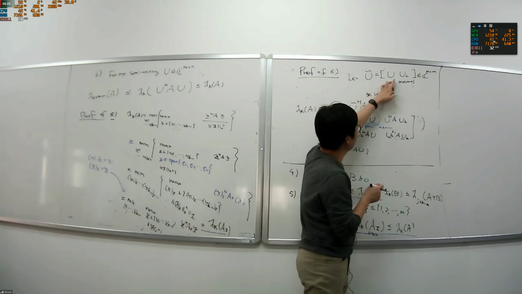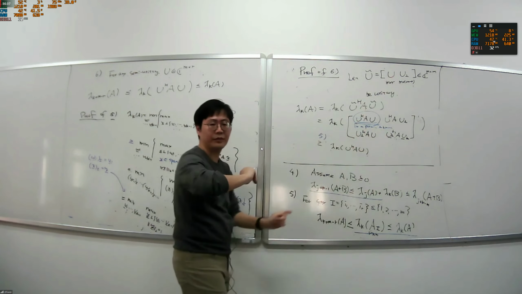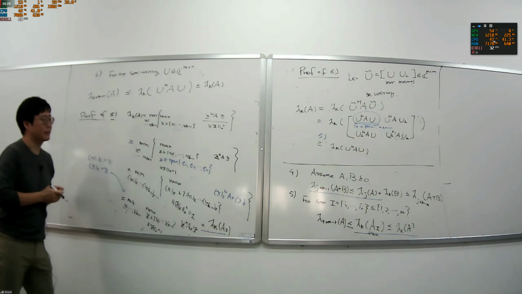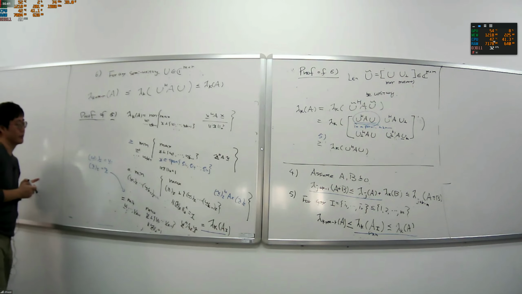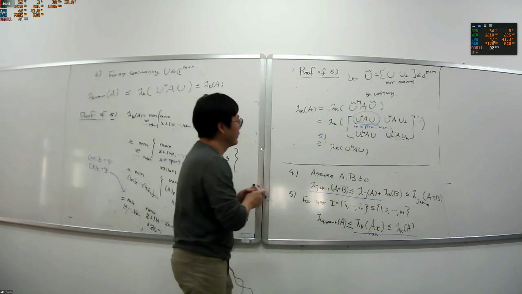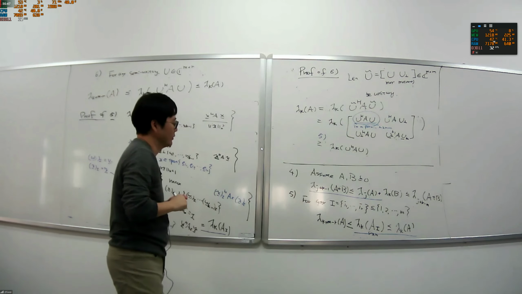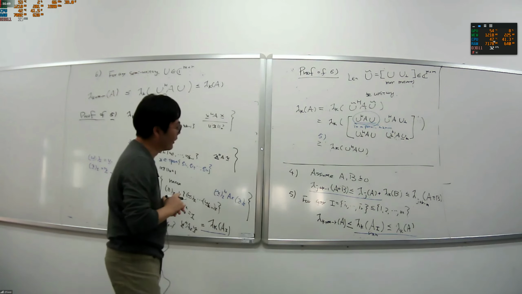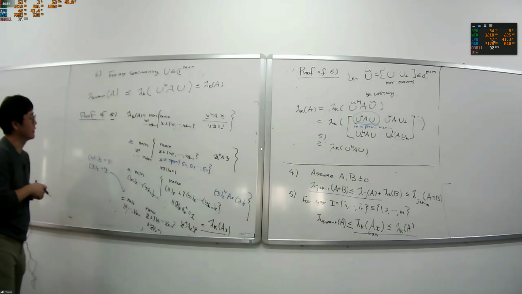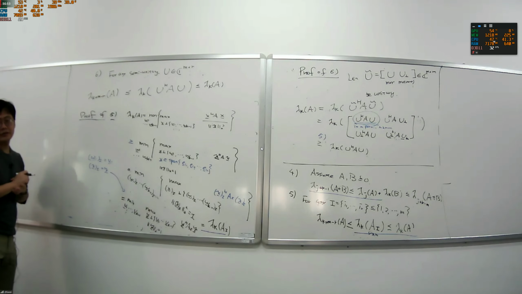If we construct the whole unitary matrix, consider a transformation using U tilde, you see this as a principal submatrix. So you can apply the fifth inequality and you get the result.